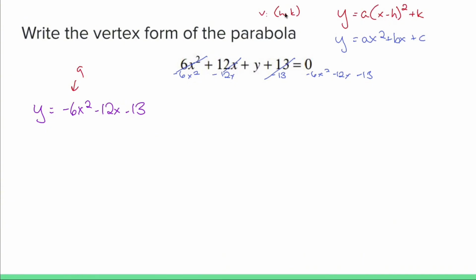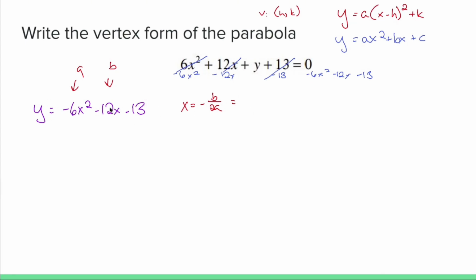The other thing I don't have is the vertex. Well, I find the vertex by first figuring out the axis of symmetry, which means I'm going to need a and b, and the axis of symmetry is found by doing x equals negative b over 2a. Once I find that x value, I'll plug it in here to find the y value.